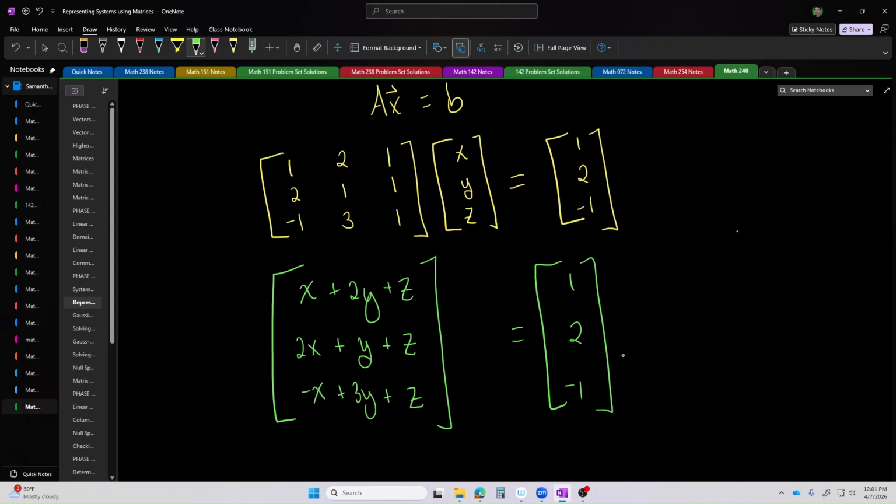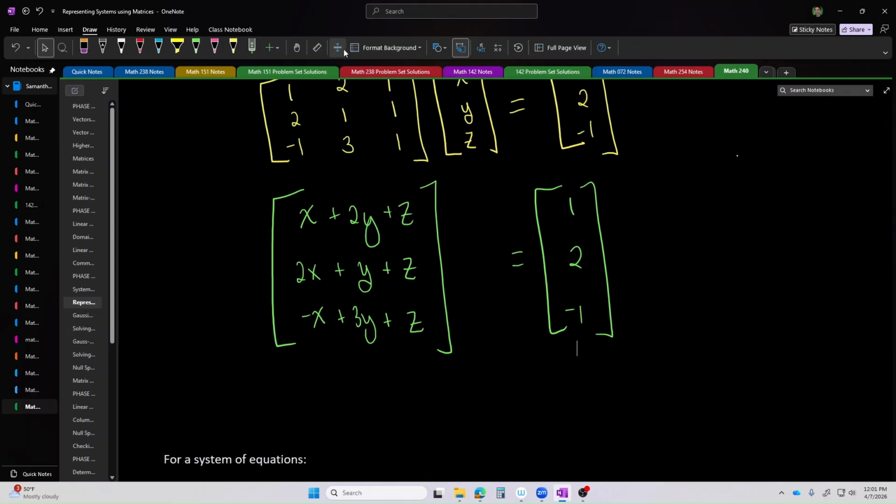And so what we get is a vector equation where x plus 2y plus z must equal 1, 2x plus y plus z must equal 2, negative x plus 3y plus z must equal minus 1.